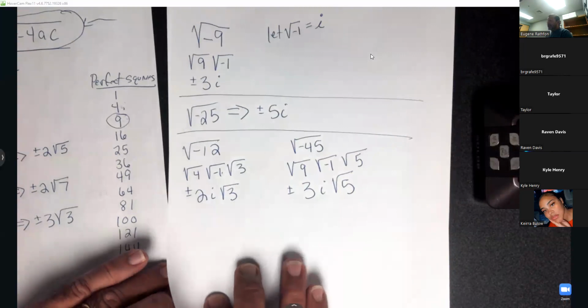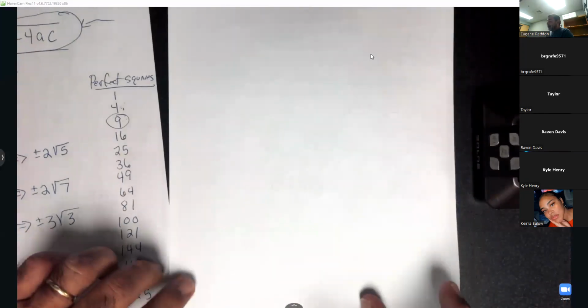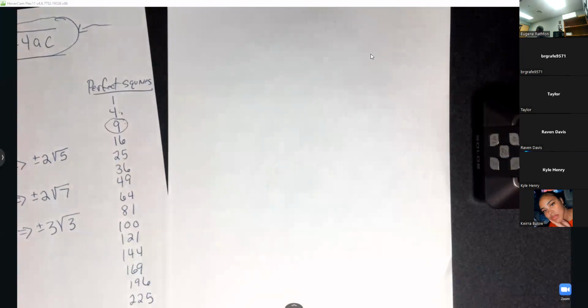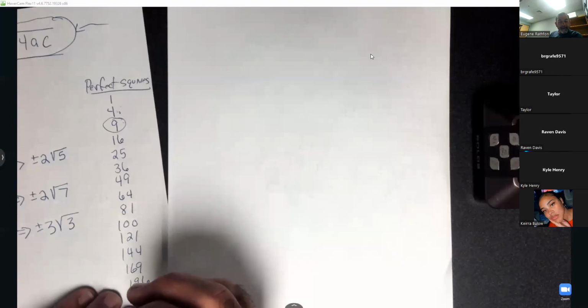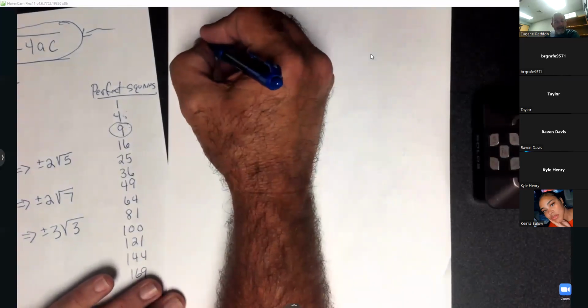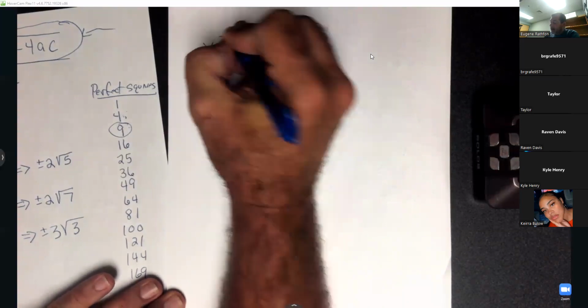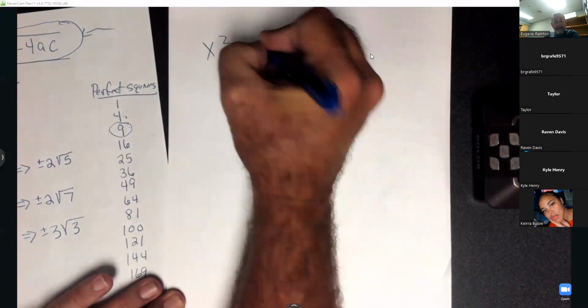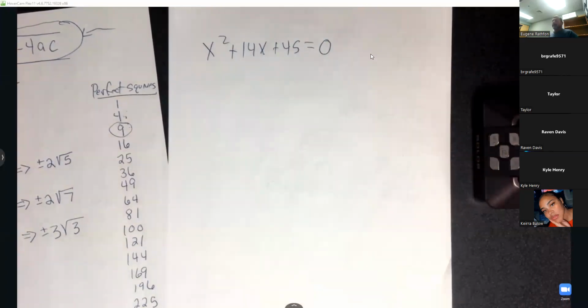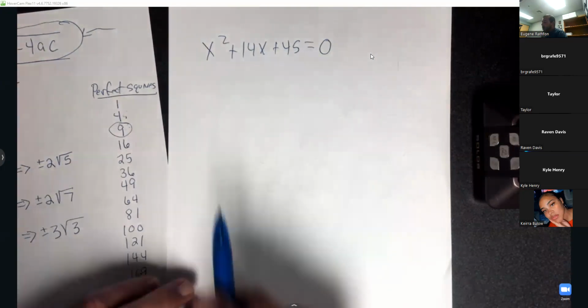Alrighty, so let me get y'all ready by showing y'all one of these. So we use the quadratic formula.